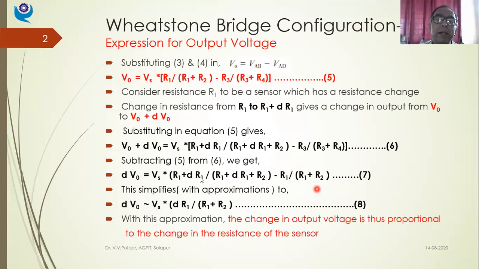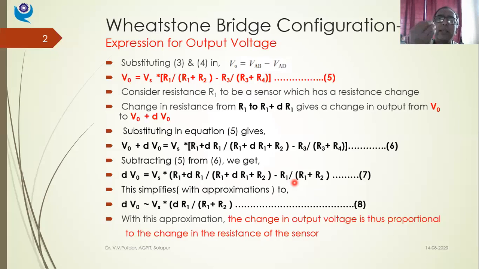By cross multiplication, making a common denominator, you can neglect small terms, because this dR1 will be very small compared to R1. While discussing the strain gauge transducer, how much was the resistance change?